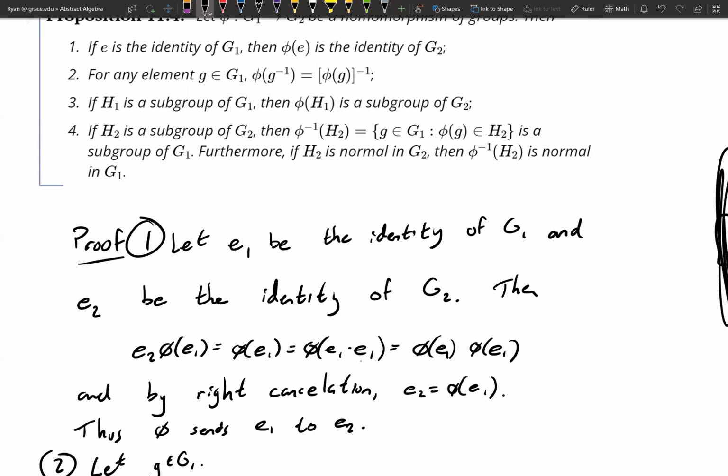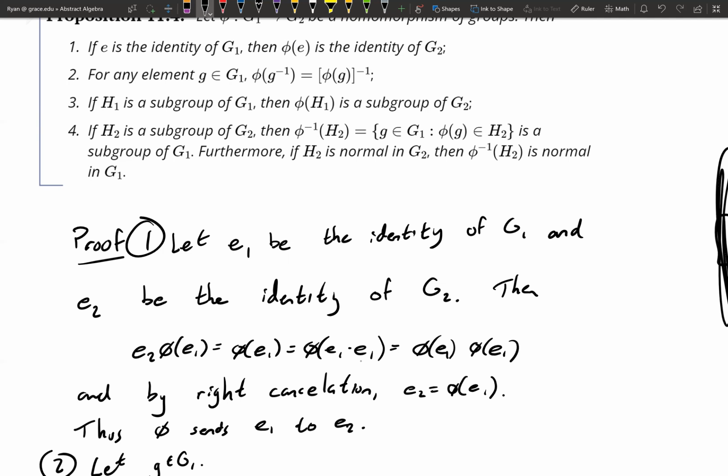You should use the identity, or an element times some other element that gives you the identity.